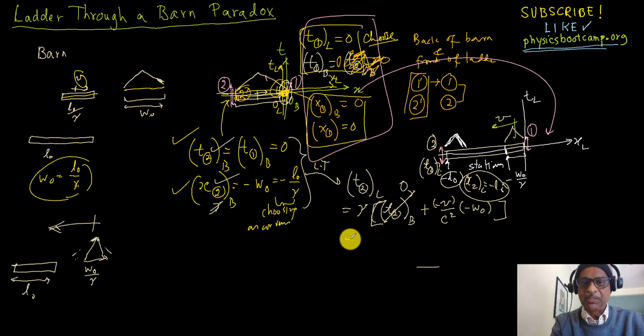So instead of at 0 time, the ladder will see this positive time later, right?